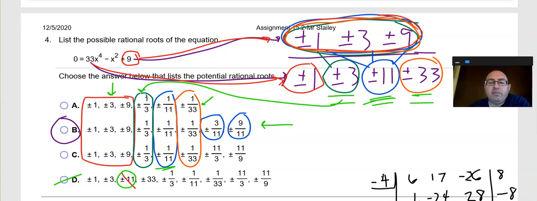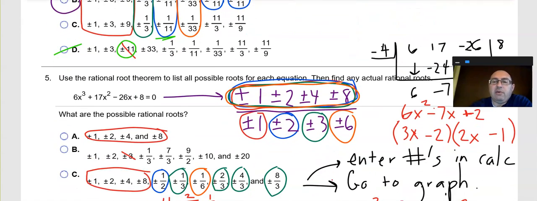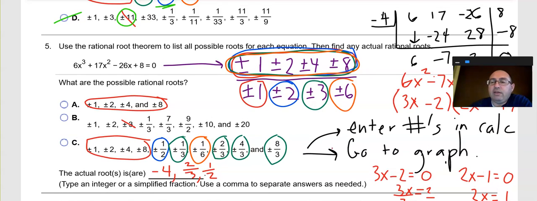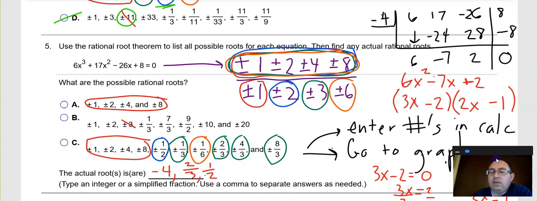It has all of the pieces that we needed. So that's a more complicated list of the possible rational roots of a polynomial. Obviously, the only way we'd really know would be either by graphing or by using the remainder theorem or synthetic division.